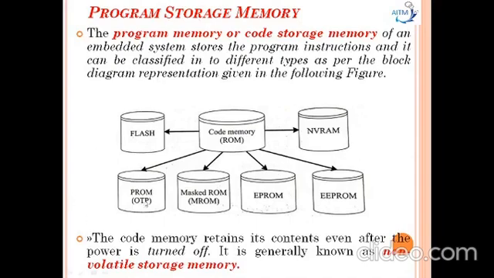The code memory retains its contents even after the power is turned off. So when the user turns off the system, this code memory retains its contents even after the power is turned off. So this memory is called what? The non-volatile storage memory. Whatever program code is written in this memory cannot be erased by the programmer here. So they are inbuilt memory here.